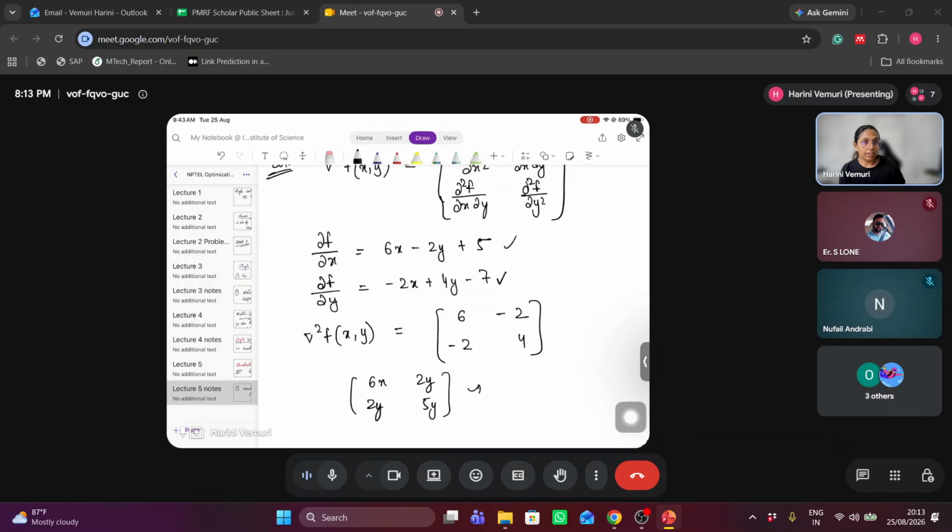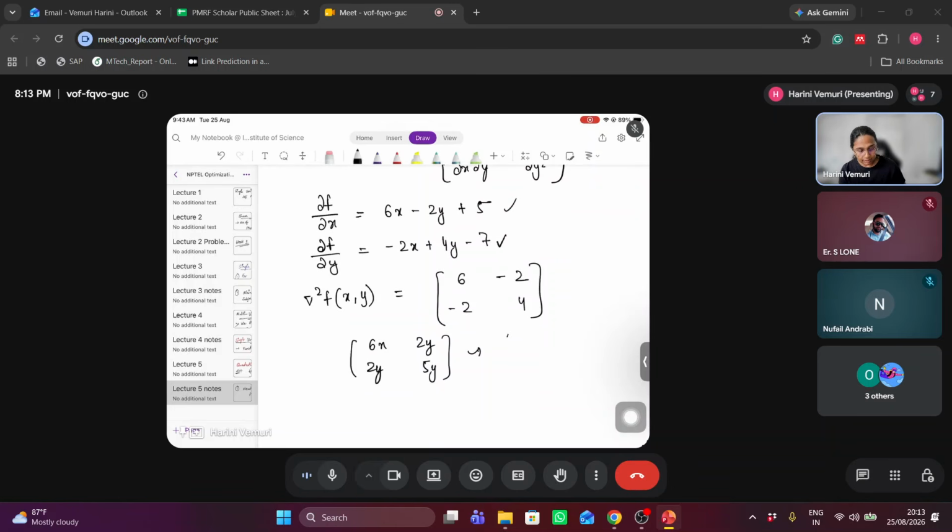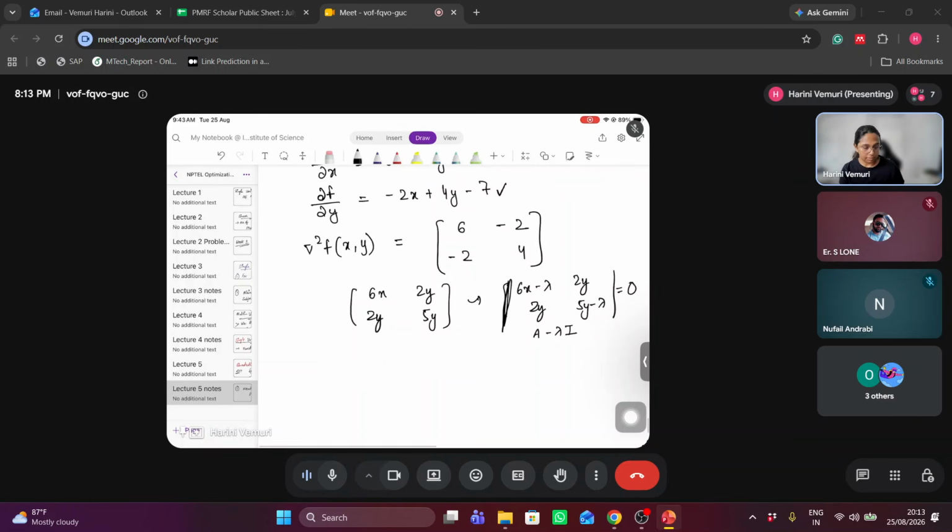Suppose in this case we have our Hessian matrix with entries in x and y. What will you do? You do the normal calculation to get the eigenvalues: the determinant of A minus lambda I will be equal to 0. Then we find lambda values.